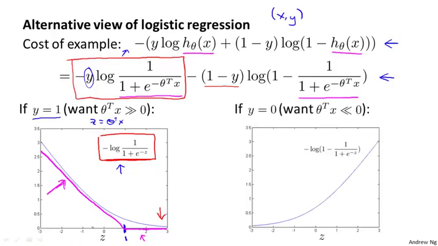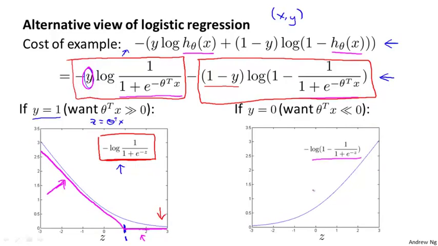We just talked about the case of y equals 1. The other case is if y is equal to 0. In that case, if you look at the cost, then only this second term will apply, because the first term goes away. If y is equal to 0, then you have a 0 here, so you're left only with the second term in the expression above. And so the contribution of an example to the cost function is going to be given by this term over here.